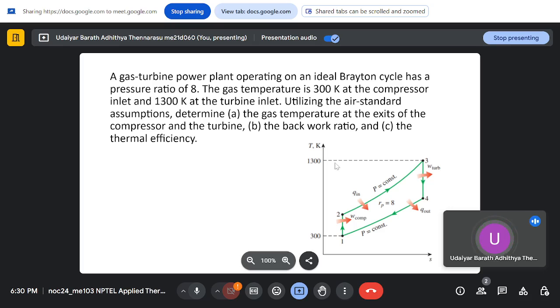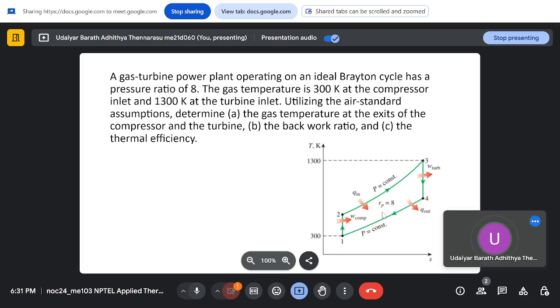What is given is we are operating an ideal Brayton cycle. This is how the Brayton cycle will look in a TS diagram. 1 to 2 is isentropic adiabatic compression, and then constant pressure heat addition. Then 3 to 4 is isentropic expansion, and 4 to 1 is again isobaric heat rejection.